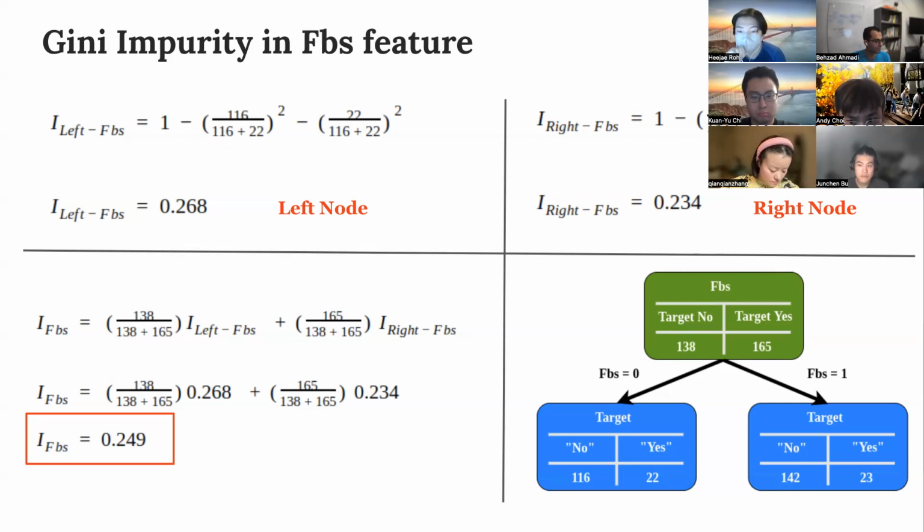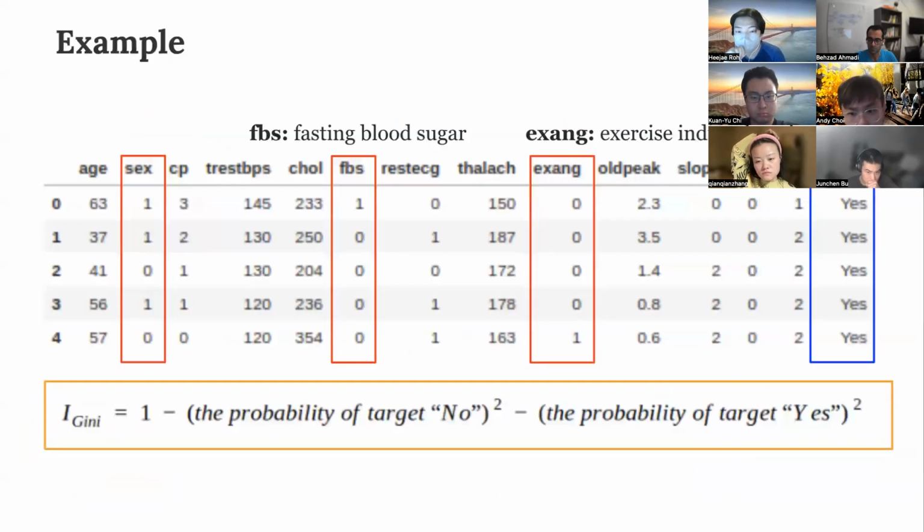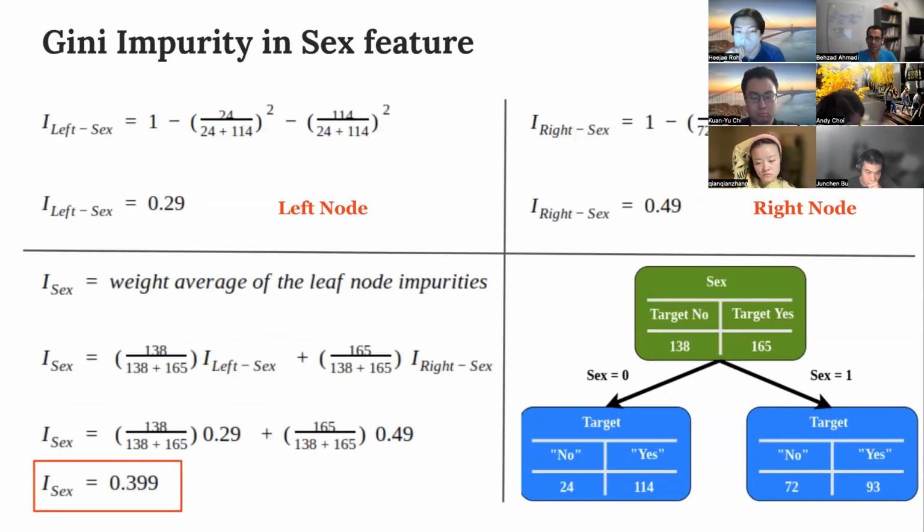Okay, what is the question? So in the beginning, you said that this is target no and target yes, right? Let me start from the sex. Should it be like sex, that would be no and yes, and the no's are 138. And when we split that, the target no and yes would be 24 plus 114, which again gives back 138.